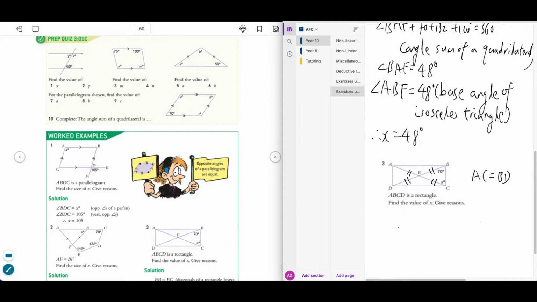But the thing is, in this question, you can't go straight to saying angle ECB is 70 degrees, base angle of an isosceles triangle. So you need to show why it's isosceles. So what you can say is EB is equal to EC, and you can say diagonals of a rectangle are equal and bisect each other.